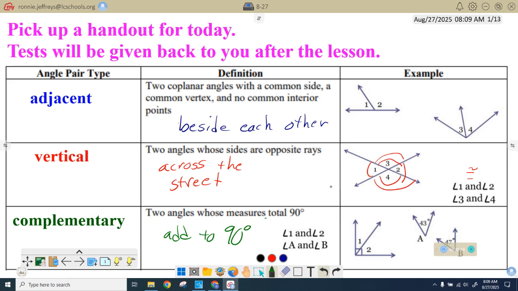We have our examples. One splits this 90 degree angle, and then we have these two that are separate. We will mainly spend time with these types of complementary angles as we go on.